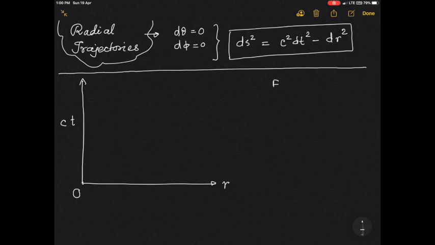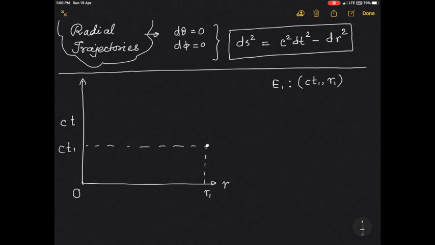So if I consider an event, say E1, which happens at ct1 and r1, I don't need theta and phi here, so I have only one spatial coordinate. So r has a value r1 somewhere here, and ct1 is somewhere here.